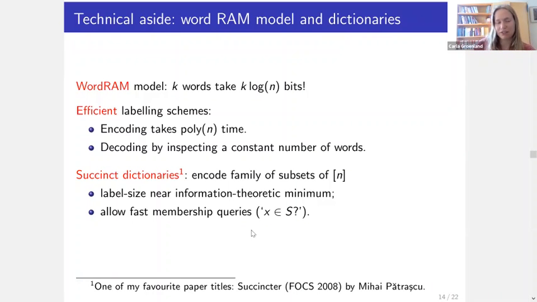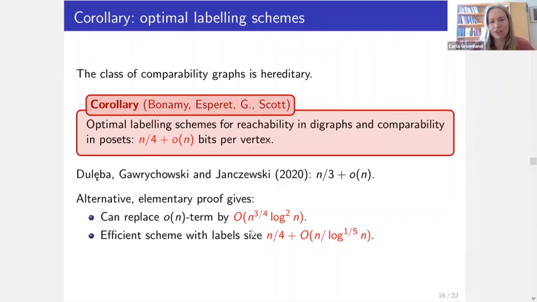So let me mention a few corollaries of our results. The thing that we were originally interested in is reachability in directed graphs. For reachability, we're given two vertices, and we want to know is there some directed path from U to V or not. The best known bound was n over 3 plus little o of n with an efficient scheme, and we wanted to improve this to the lower bound of n over 4.